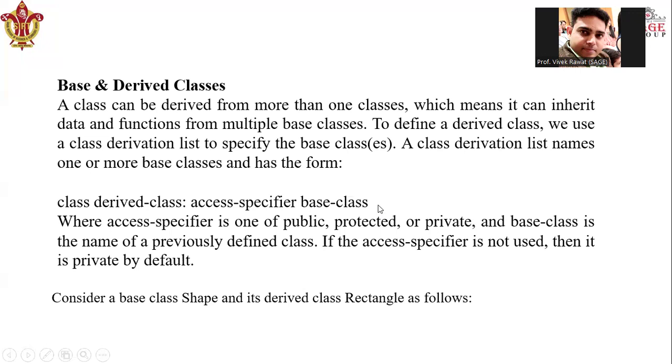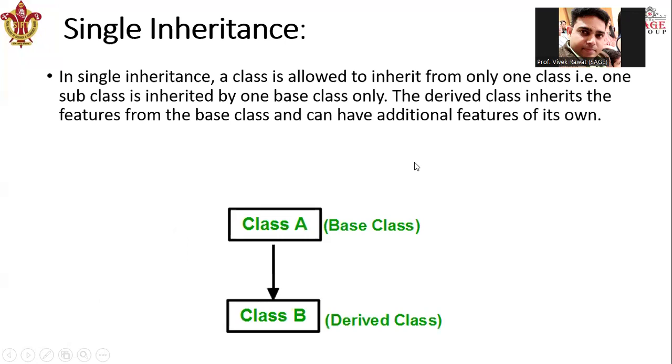We can use this syntax for making programs for single inheritance and refer to it for the other types of inheritance, because inheritance has many types: single inheritance, multiple inheritance, multi-level inheritance, and hybrid inheritance. All of them have their own syntax, but all the syntax is based on this single inheritance syntax.